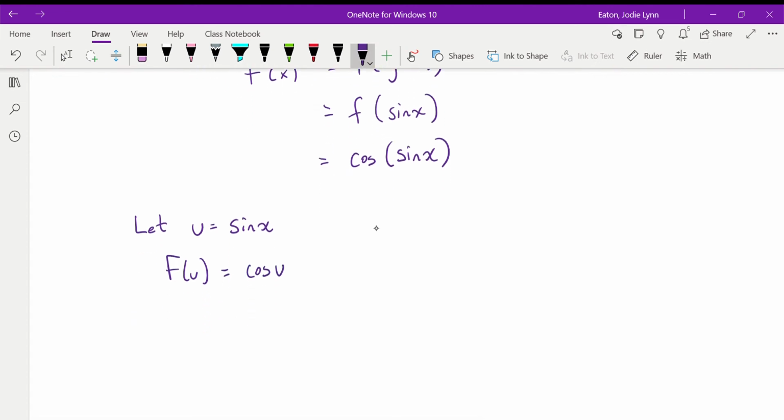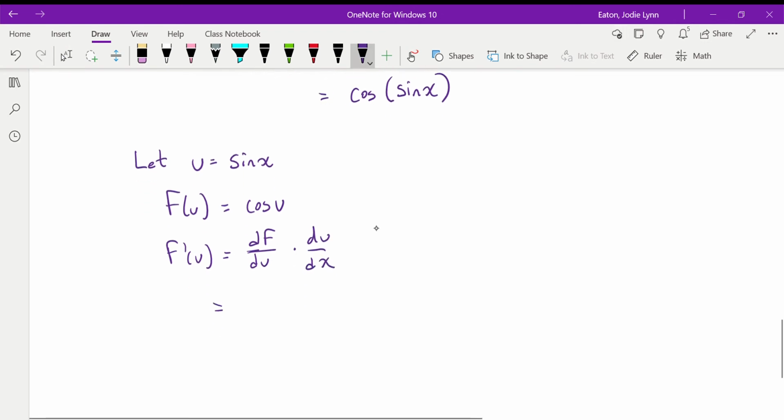So F prime of x equals dF/du times du/dx. The derivative of F with respect to u is negative sine u, times the derivative of sine x with respect to x, which is just cosine x.